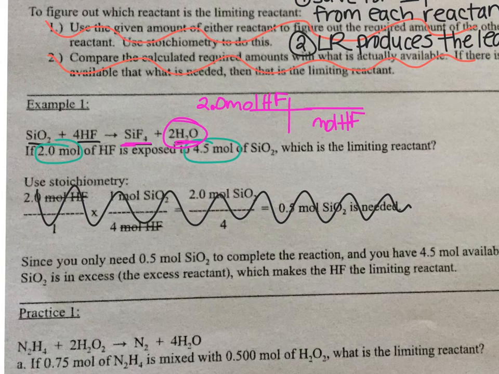Okay. What is this next step going to be? If we're already in Mole Town, it's the mole bridge. Exactly. All right. So what is the number that we're going to put in front of HF? 4. So there's going to be a big 4 down here. What am I going to put on top? 2 moles of dihydrogen monoxide.